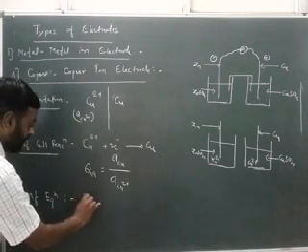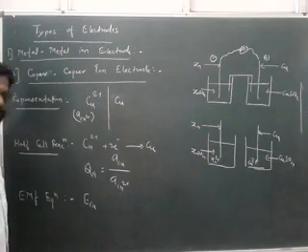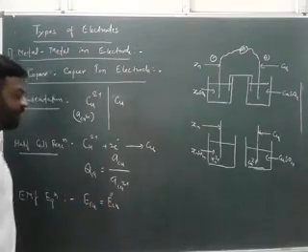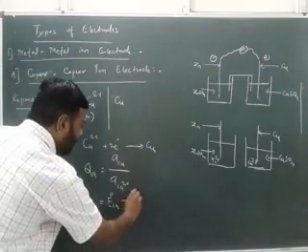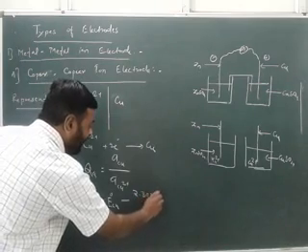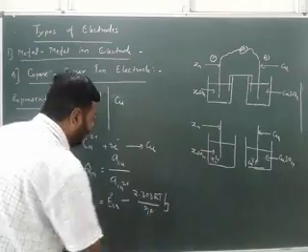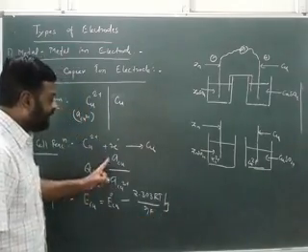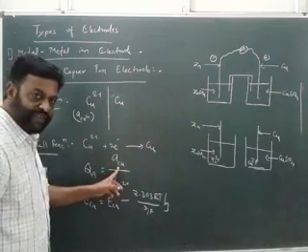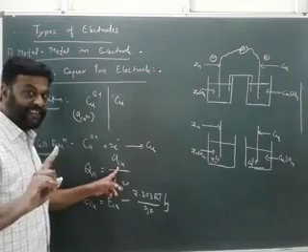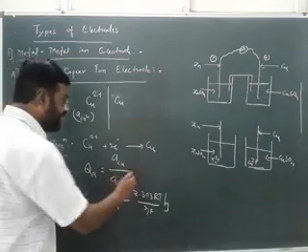So the reduction potential of the copper electrode is equal to the standard reduction potential of the copper electrode minus 2.303 RT divided by NF log of QA. Here the activity of Cu, as I told you in the previous lecture, the activity of a pure metal is equal to 1.